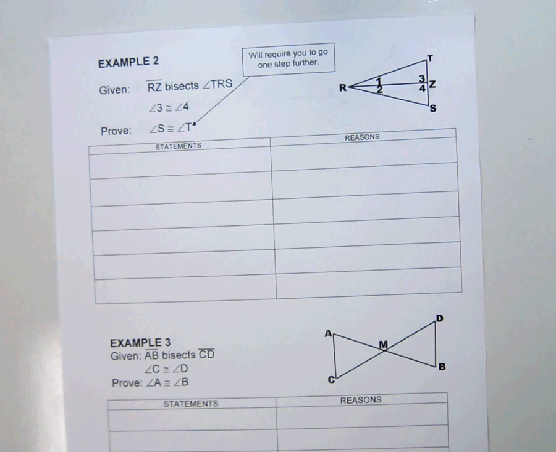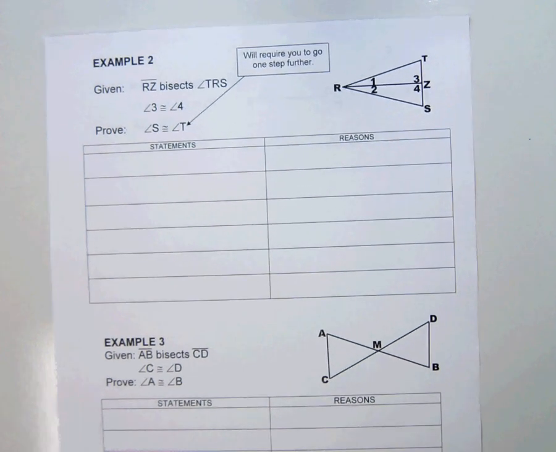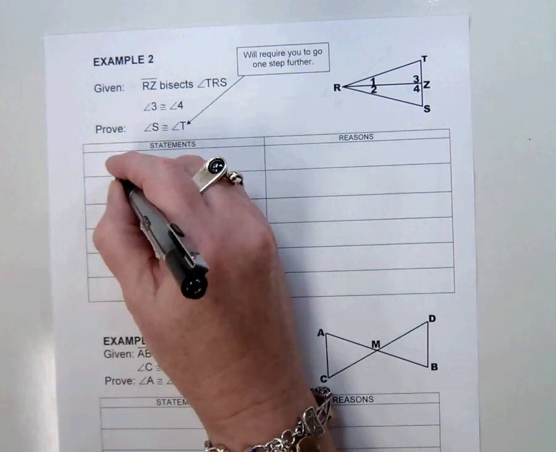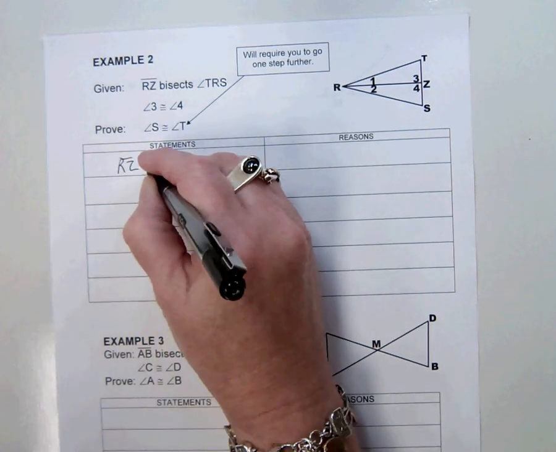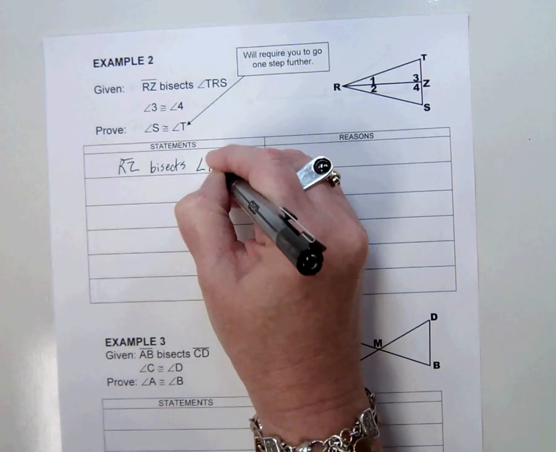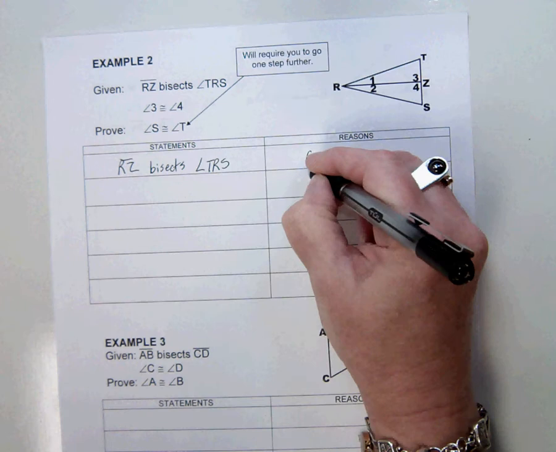Look at page 2, or example 2. This time, if you notice, we're going to require an extra step. So the next to the last step is going to be one of your congruent statements, and then you'll have to use CPCTC to prove that S and T are congruent. So let's start with the given. RZ bisects the angle TRS, and that's a given.